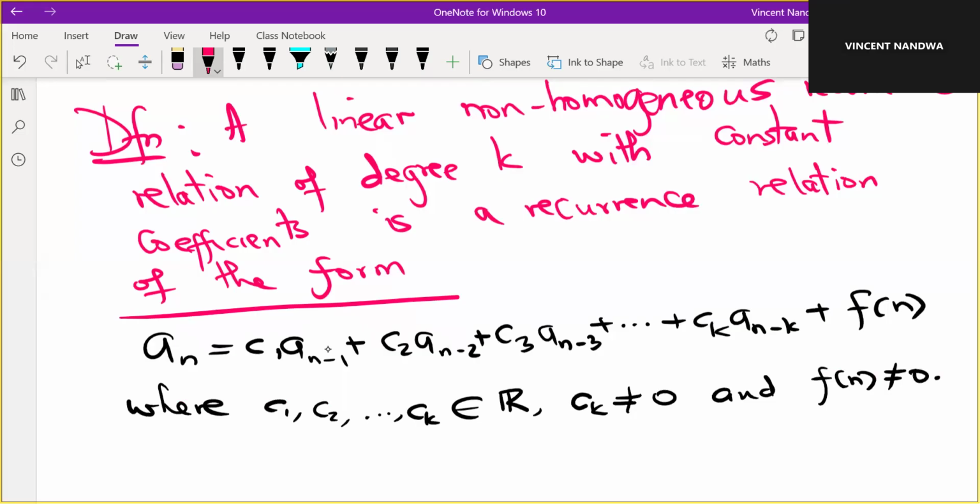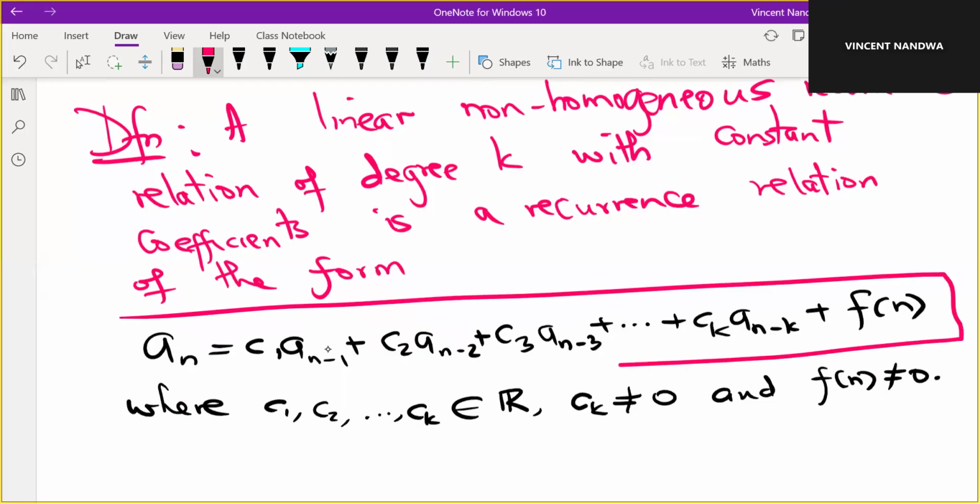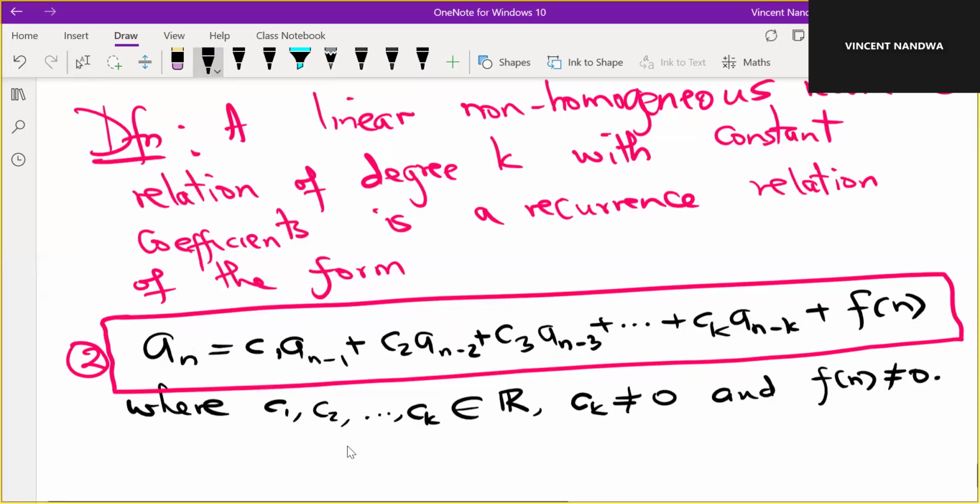So if we have a recurrence relation of this form, call this one 2, then it is called a linear non-homogeneous recurrence relation of degree k with constant coefficients. So the non-homogeneity comes from this function, f of n. If this is a non-zero function, then such a recurrence relation is said to be non-homogeneous.